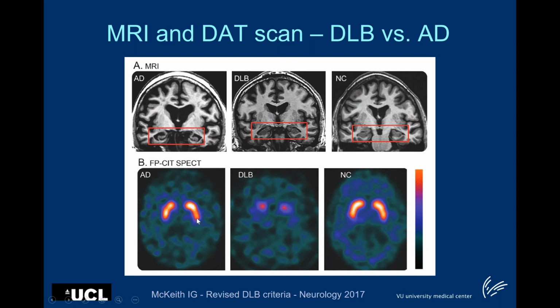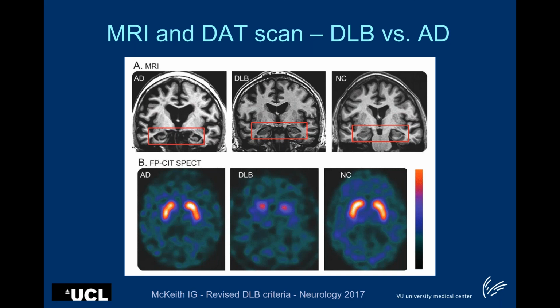And you can see that initially this tail is eroded, and then in the end there's only a little bit of uptake left in the caudate, with only these two dots of low intensity remaining. So a very simple test to confirm DLB.